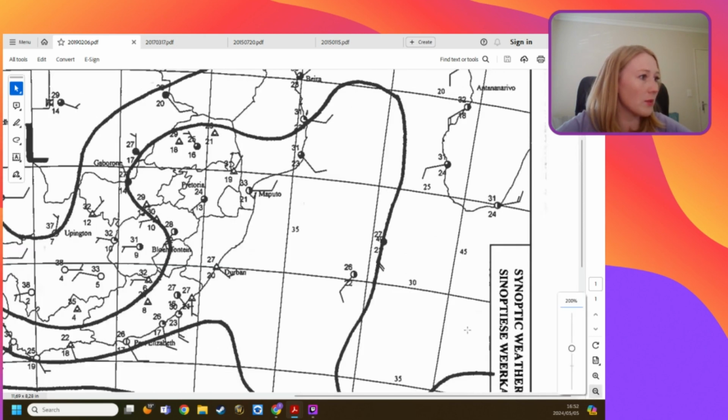Zoom out a little bit more. Okay, so we have one line there and one line there. So Pretoria is between these two lines. Now we need to find the value of these lines.